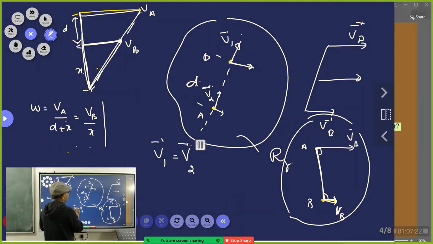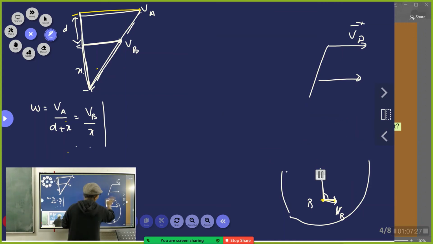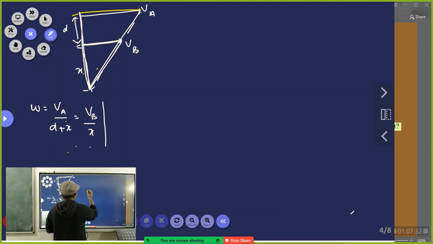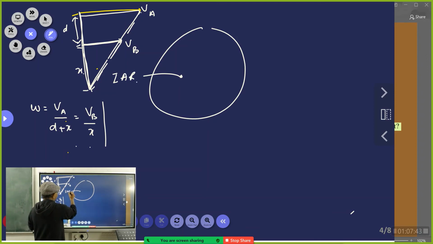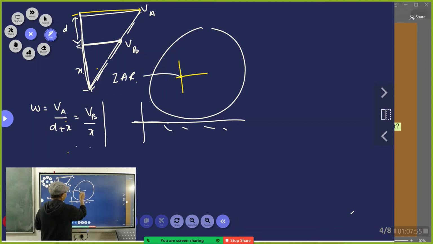So what I mean here is, if you take a body in motion, you have found out that this is IAR, and of course there is ground. So this is the reference of the ground, and I will consider another reference point here.